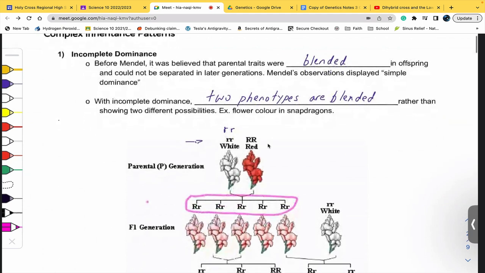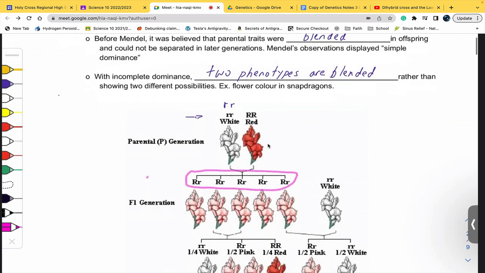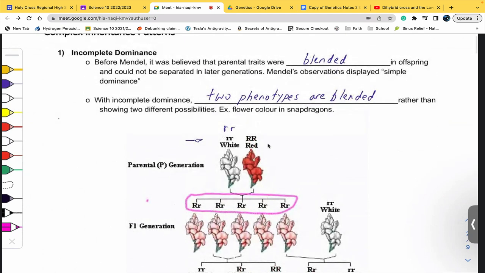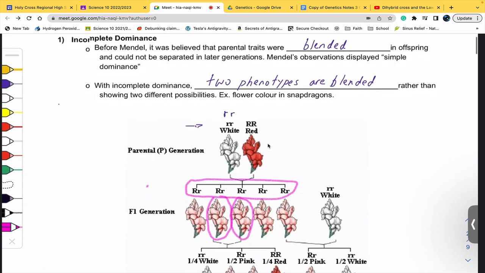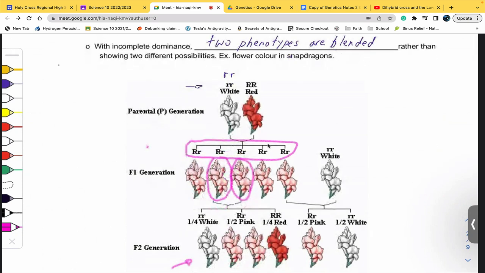You can separate these alleles by combining, in this case, these two here, snapdragons, and what would we get? Again, using a Punnett square, we'd end up getting this. We'd get back to the white, and then 2 pink and one red snapdragon. So we can separate the alleles in the F2 generation.